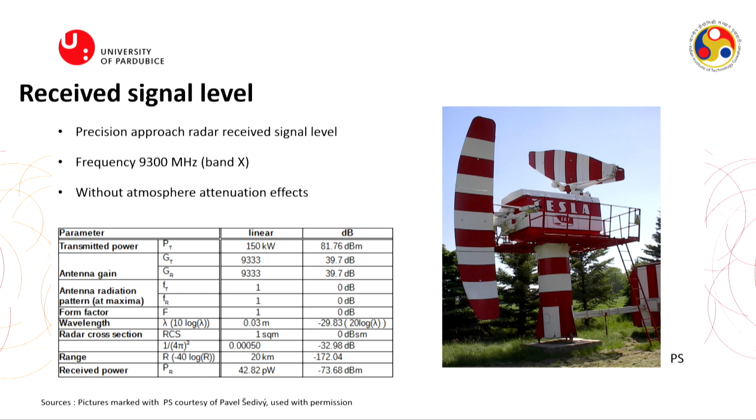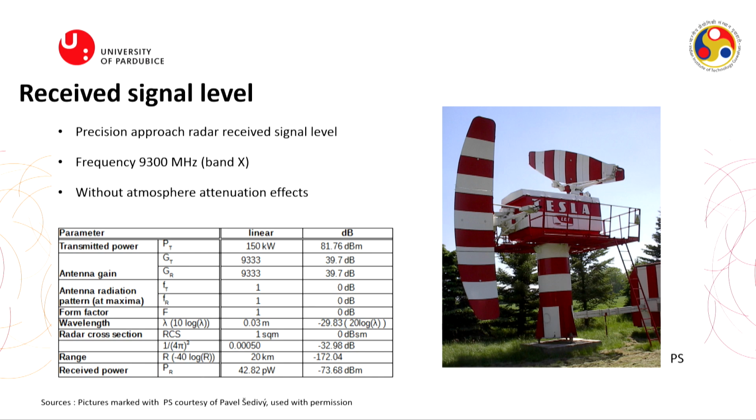In the second row you have units in dB, because as radar engineers we work more in dB than in classic units. The difference between transmitter power and receiver power is so big that these numbers would be extremely big or extremely small. So dB is much better for us.